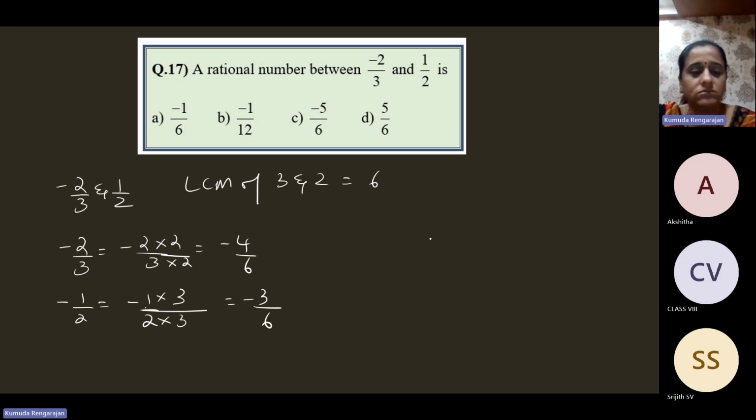So now it's not possible to insert, no, because minus 3, minus 4. Is it possible to insert using these two numbers? I'm not getting any answer.